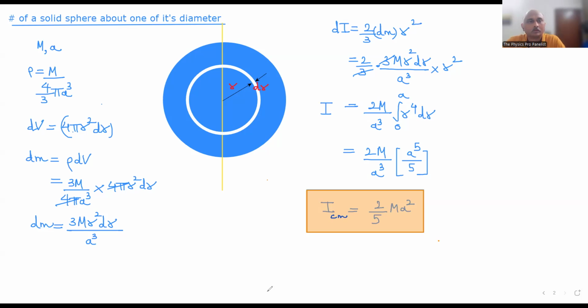So this was the solid sphere. Now let's learn about theorems on moment of inertia.